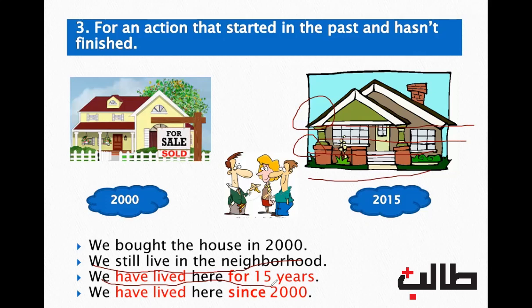Example number 4, we have lived here since 2000. احنا عشنا هنا since 2000 منذ سنة 2000. We still live in this house. Like any one of you lives in a house. He starts living in this house and till this moment he is still in this house.